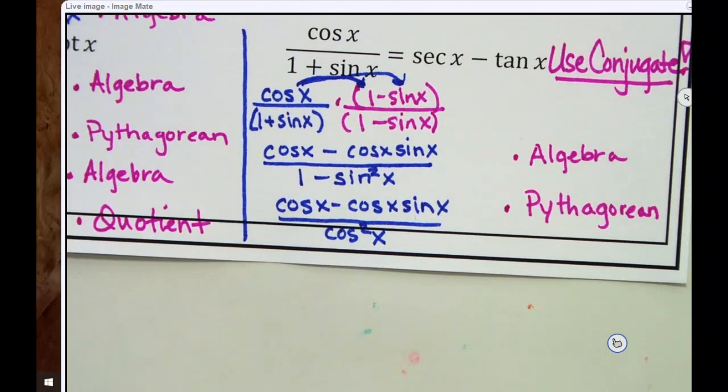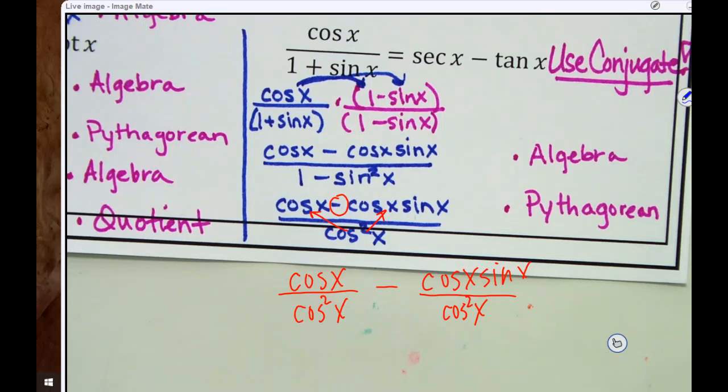Now, I'm out of room on my paper for what I want to do in my head, so I'm going to show you what I'm doing in my head, and then we'll just write the shortcut on the paper. Because of this difference right there, remember, this is dividing here and here. So what I've got is cosine x over cosine squared x, and I also have cosine x sine x over cosine squared x.